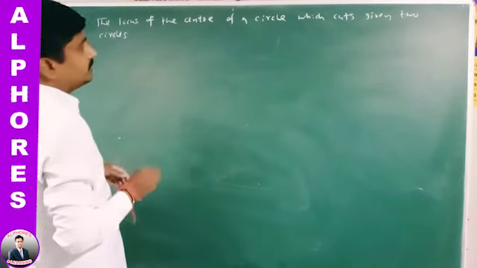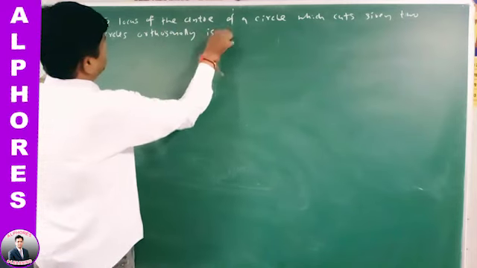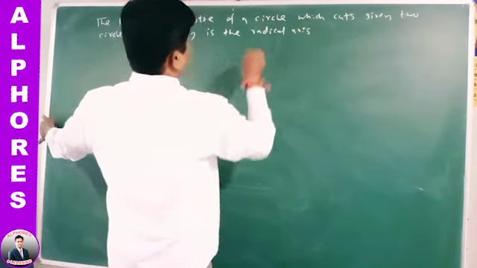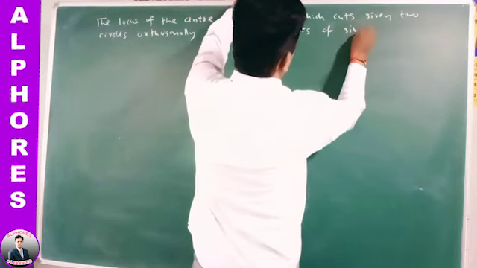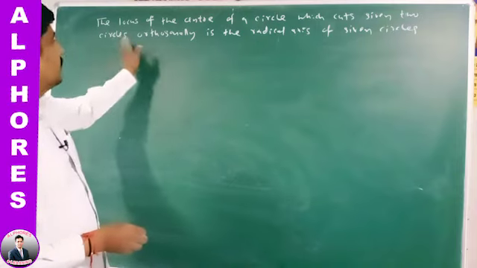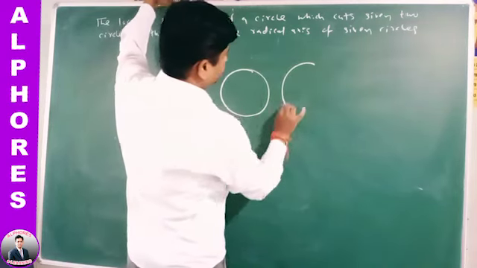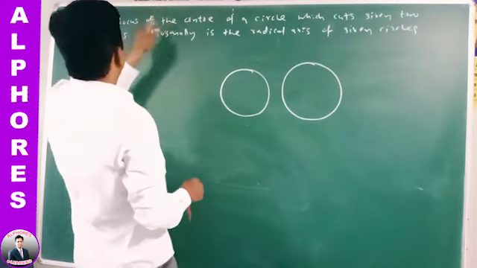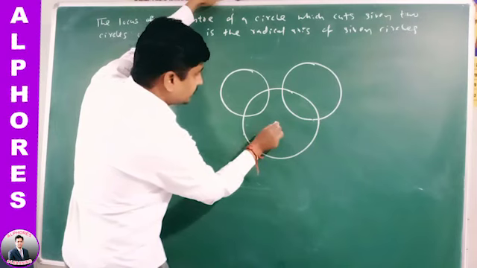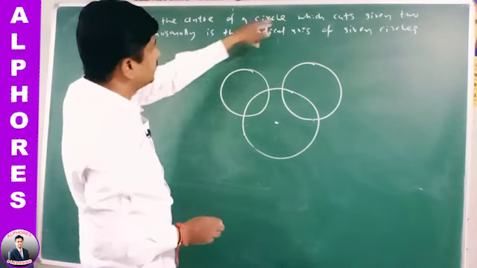The locus of the center of a circle which cuts given 2 circles orthogonally is the radical axis of the given circles.